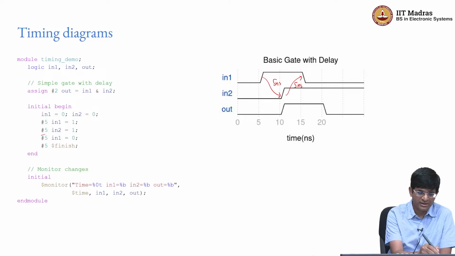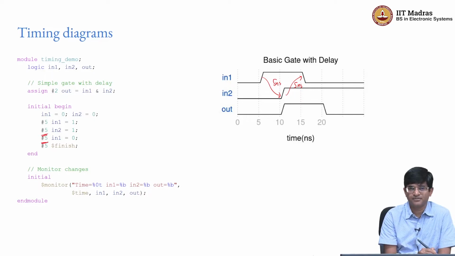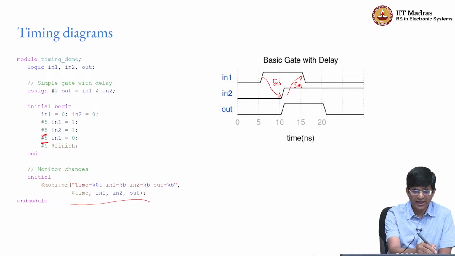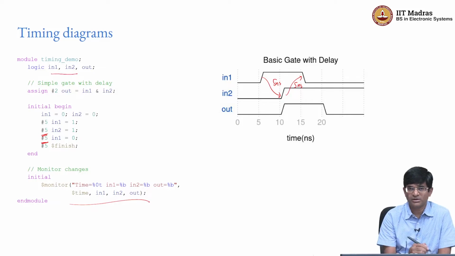So that is where these two are coming in. Okay. And well, if I monitor the changes, what I will find is that after both in1 and in2 have become equal to 1, out becomes equal to 1 because it is an ampersand, the AND functionality.